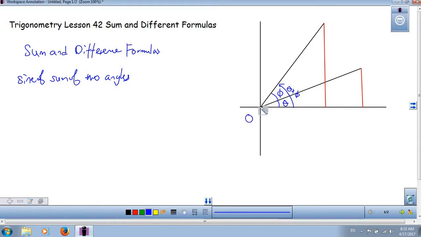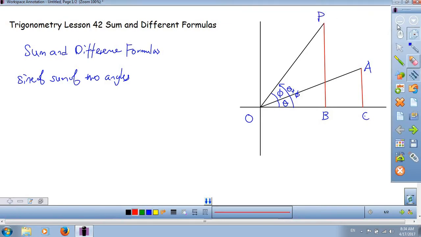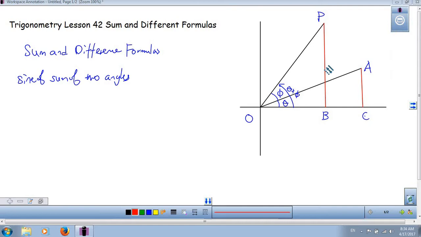Let's label the origin O, and let's label this point A and this point C. Let's label this point B, and let's label that point P. As you can see, triangle AOC has to do with angle theta.